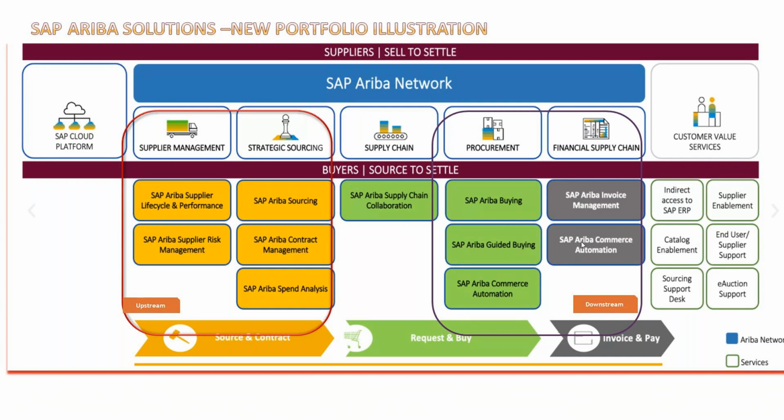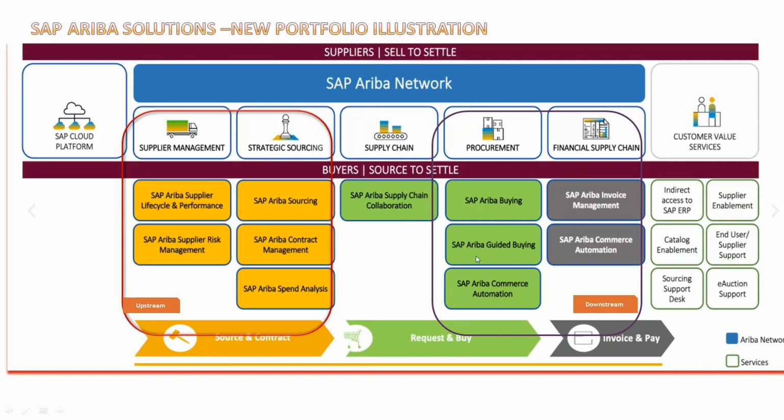The supplier will respond with the order confirmation and advance shipping notification, then inbound delivery will be done in the S4 HANA system, and based on the inbound delivery, goods receipt and invoicing will be done. That is your supply chain collaboration and commerce automation process.